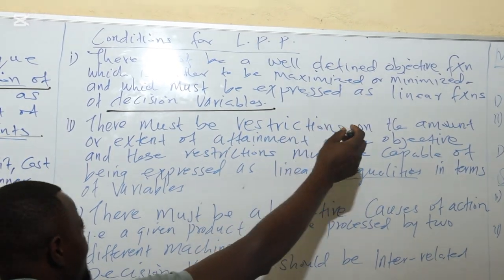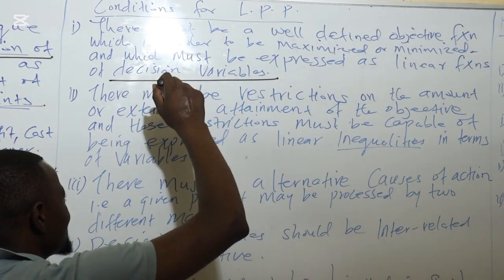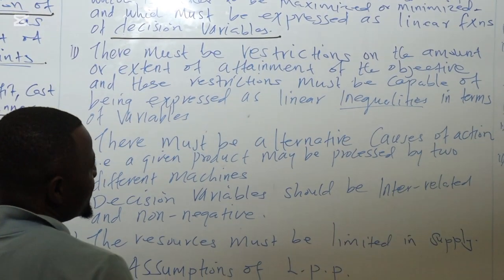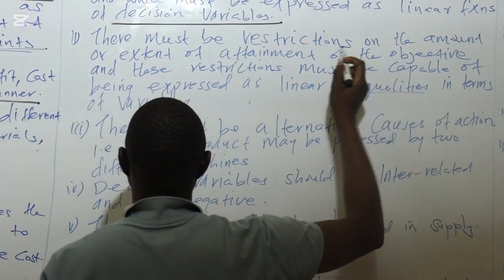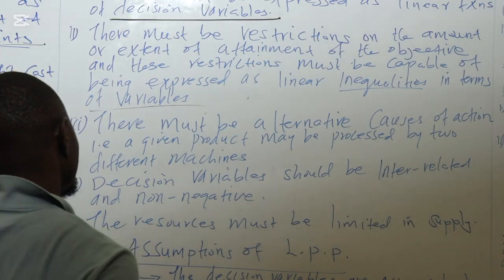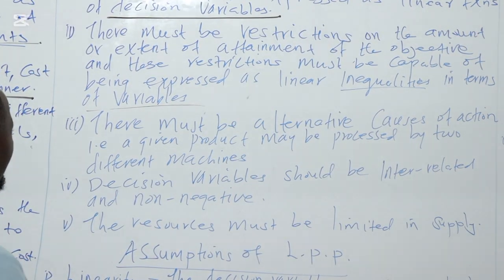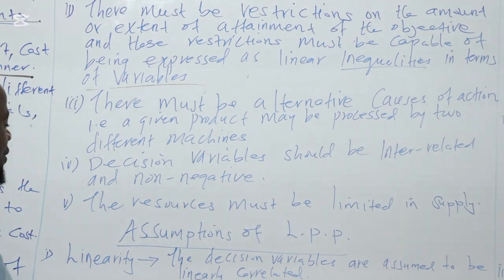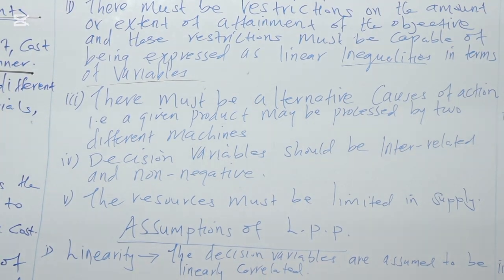Second, there must be restrictions on the extent of attainment of the objective, and these restrictions must be capable of being expressed as linear inequalities in terms of the variables. And number three, there must be alternative courses of action.